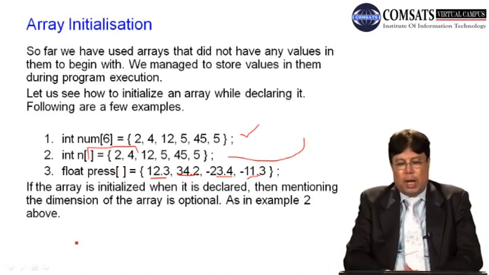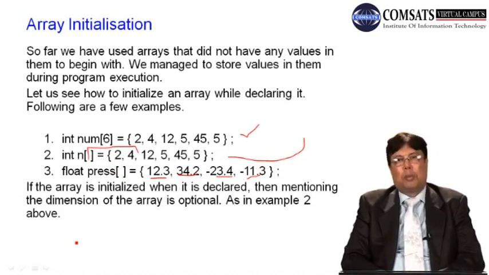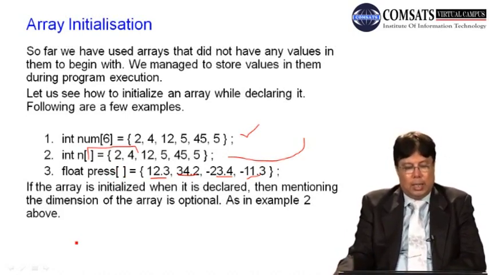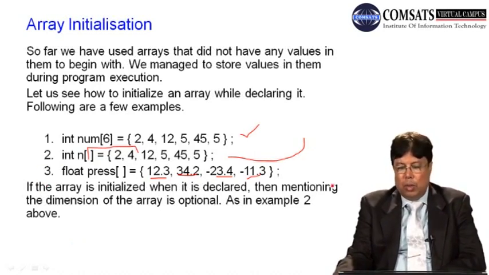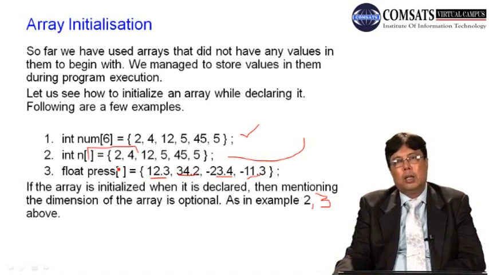So if the array is initialized when it is declared, then mentioning the dimension of the array is optional. In examples 2 and 3 the size has not been provided because I am using the initialization mode. If I am doing declaration and initialization simultaneously, then the system can compute the size by itself.